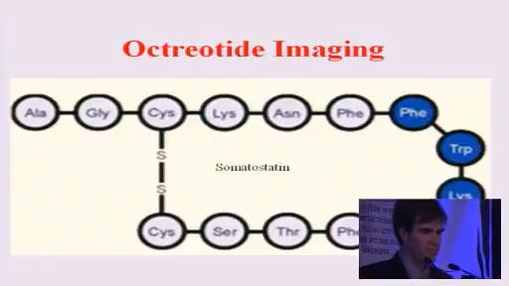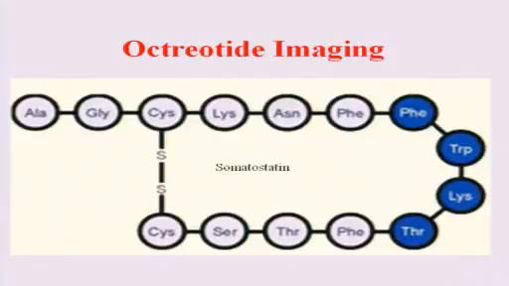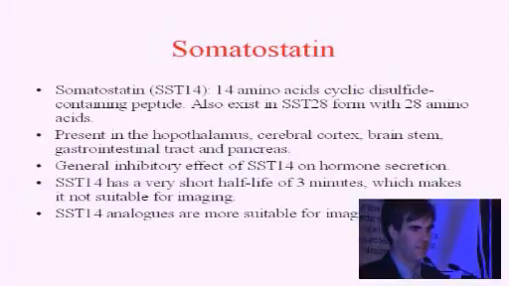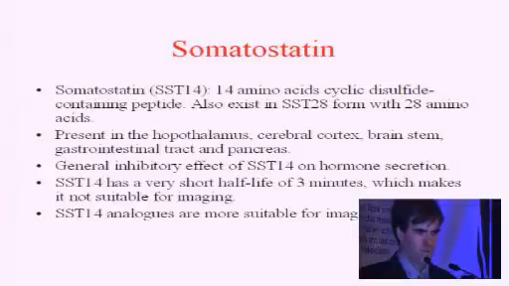So let's start with octreotide imaging. This is the structure of somatostatin. It is a hormone that has 14 amino acids. It also exists in a 28 amino acid form. This hormone is present in the hypothalamus, the cerebral cortex, the brainstem, the gut, and the pancreas.